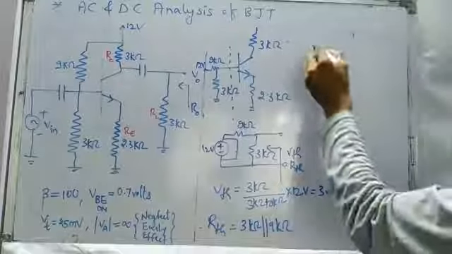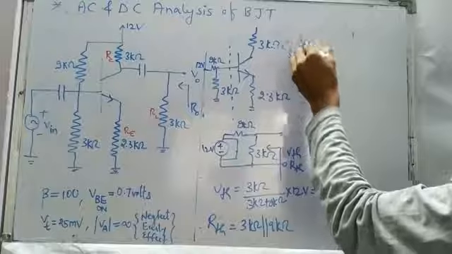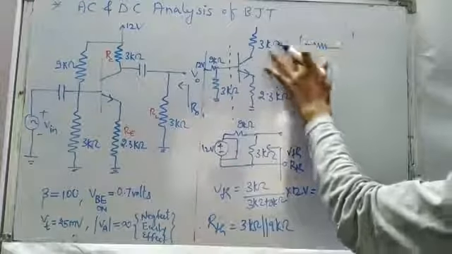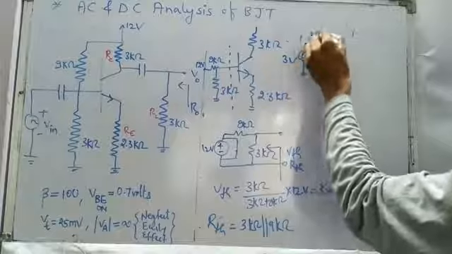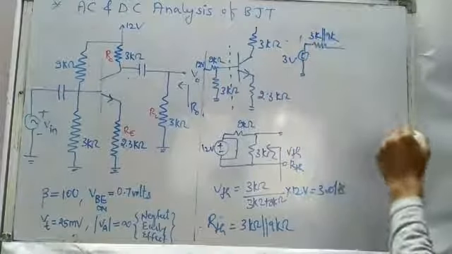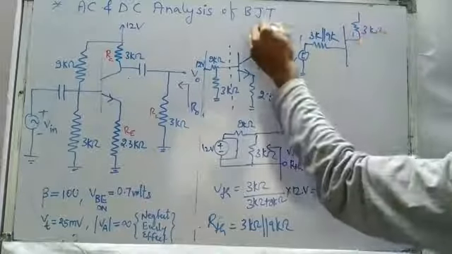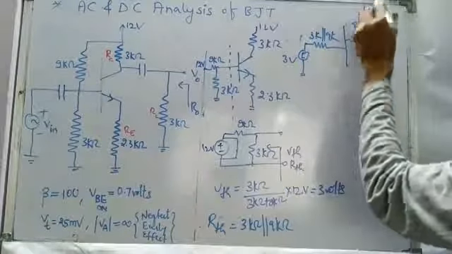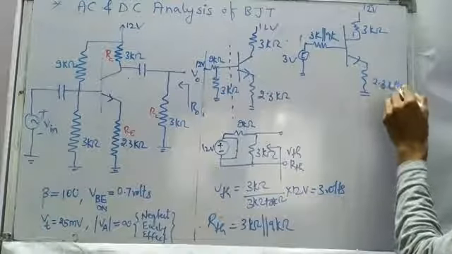So we'll simplify it as: this point is going to be 3 volt and this resistance will be 3k parallel 9k, and this is 3 kilo ohm, this is 12 volt, and this will be 2.3 kilo ohm.